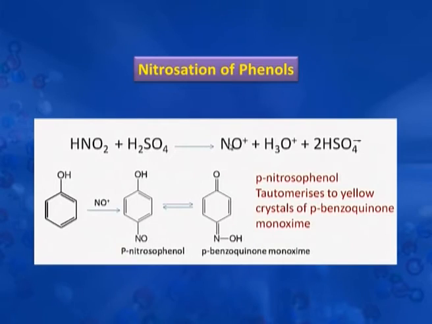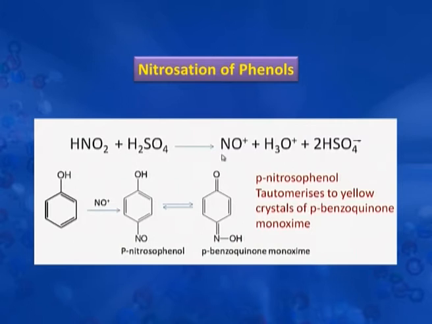Formation of NO plus, or nitrosonium cation, first takes place, and then this cation is attacked by the pi electron cloud of the benzene ring. Formation of para-nitrosophenol takes place, which tautomerizes to yellow crystals of para-benzoquinone monooxime.